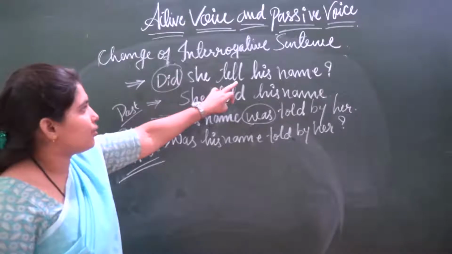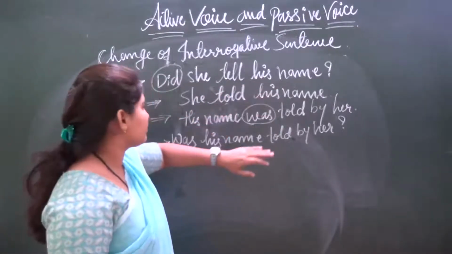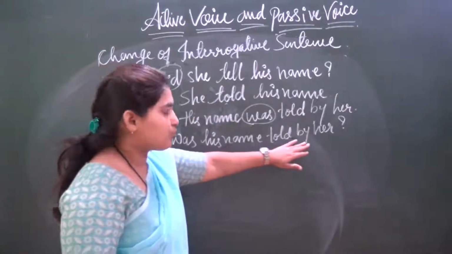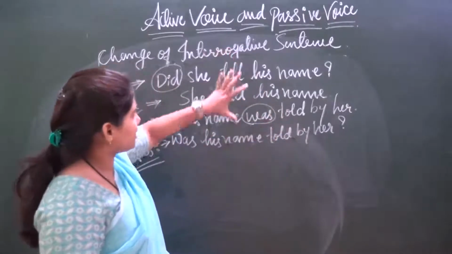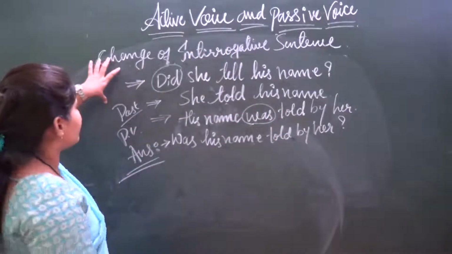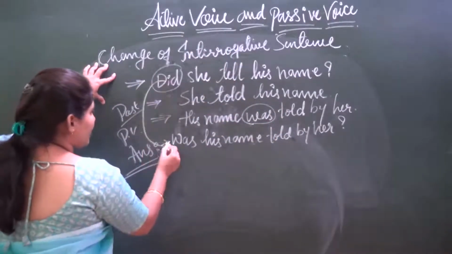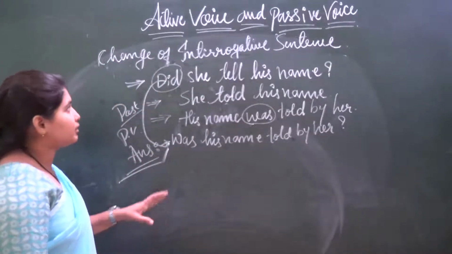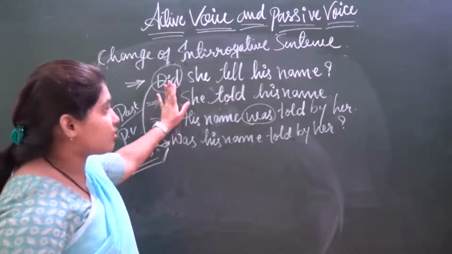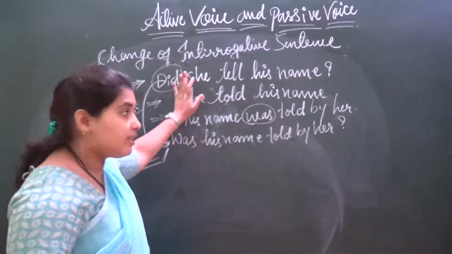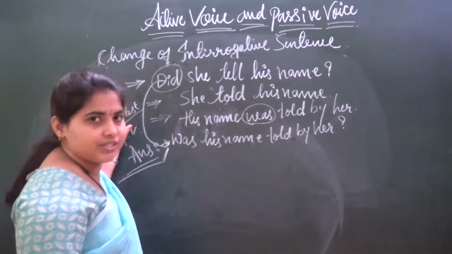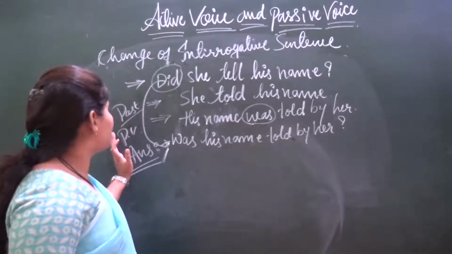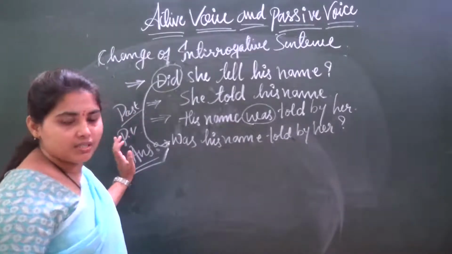Did she tell his name? Was his name told by her? The meaning of both sentences is the same. Just you can observe it. Okay, this is all about the interrogative sentences in yes or no type questions. Now let us go to the WH questions. Okay.